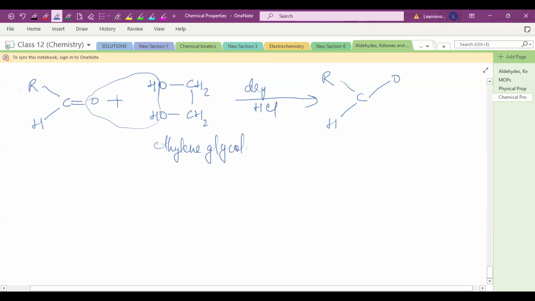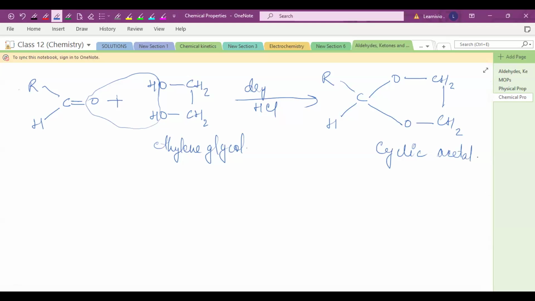And the other group as it is, you will write CH2, then your CH2, then this oxygen, and again. So basically, it will give you a cyclic type of structure. And what is this? This is your cyclic acetal. So when you treat the aldehyde with the ethylene glycol in the presence of dry HCl, you will get a cyclic acetal. Clear, Muniba? Yes, ma'am.